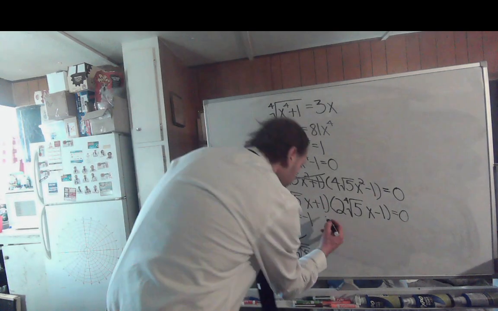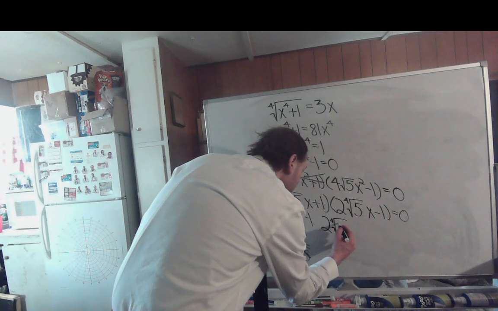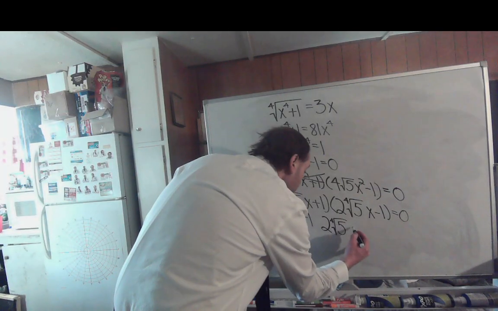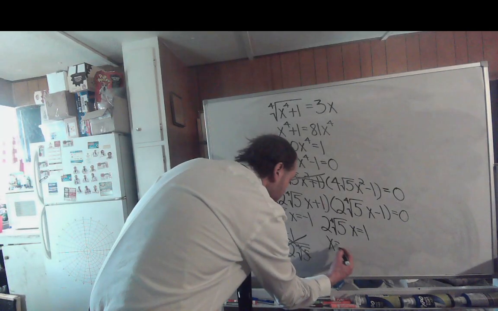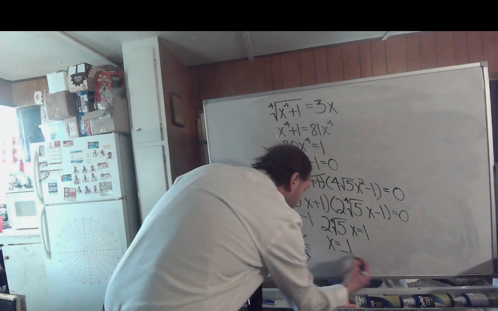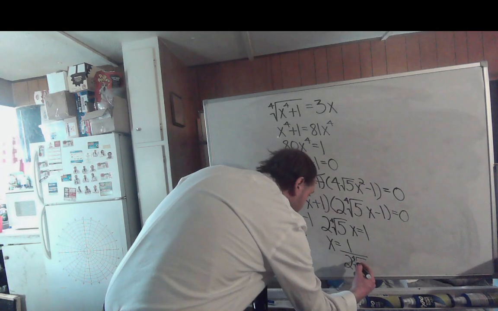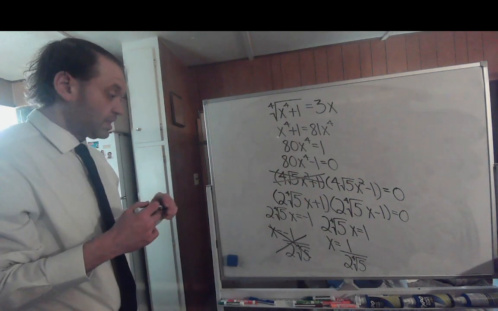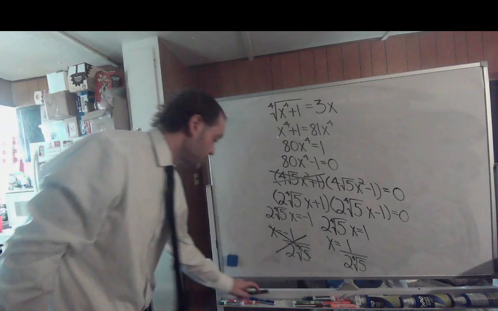So now our only hope is x equals 1 over 2 times the fourth root of 5. So we have to check the solution though.